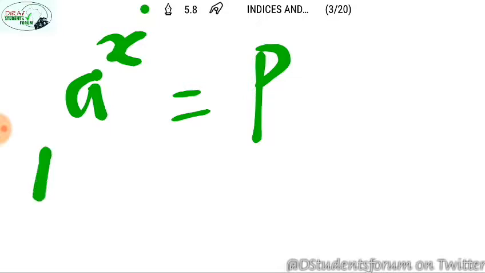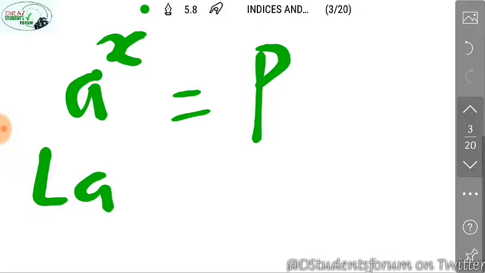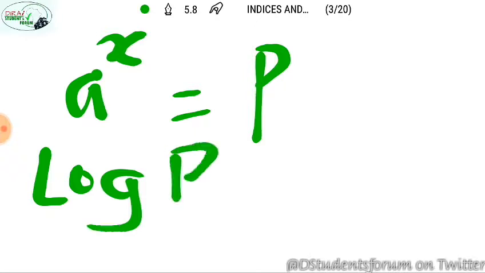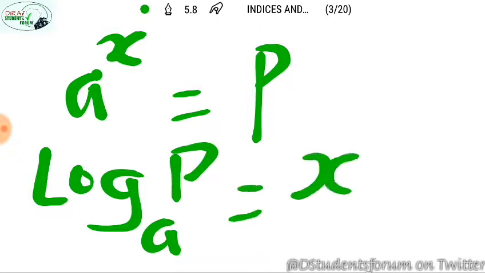Our log p base a will be equal to x. This means that the logarithm of p expresses a as the base and the index as the result.